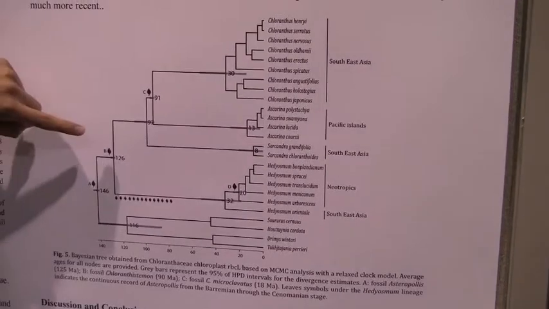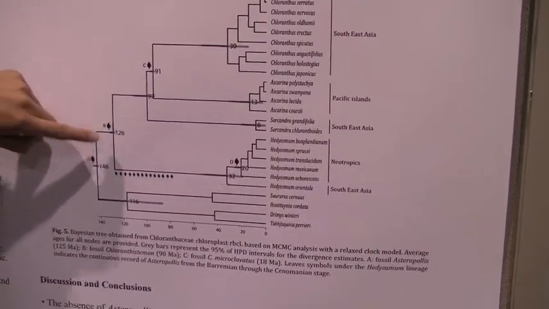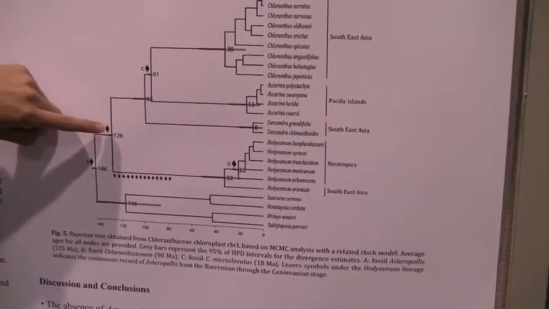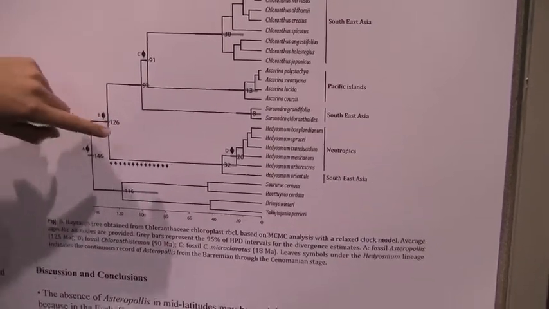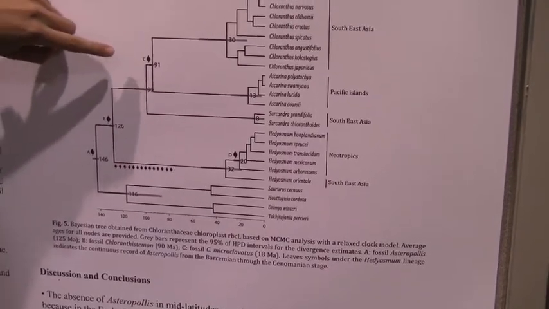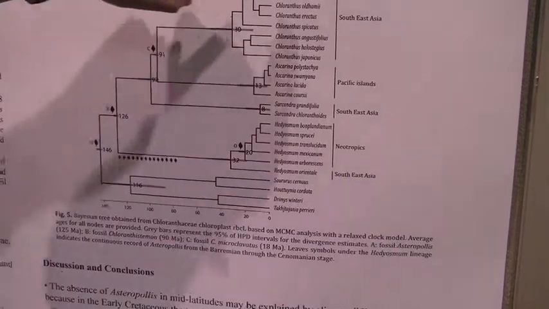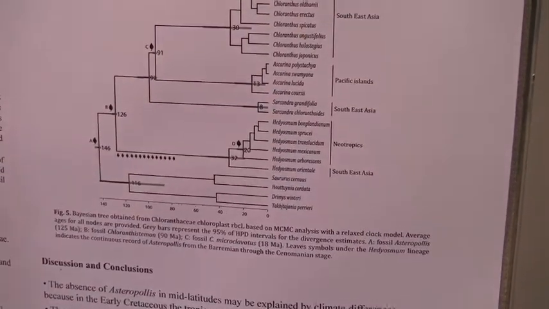One is from the lower Cretaceous and is related to the stem group of Hedyosmum, so it's placed here. And I used another fossil flower that has been related to the genus Chloranthaceae, that is in Southeast Asia.